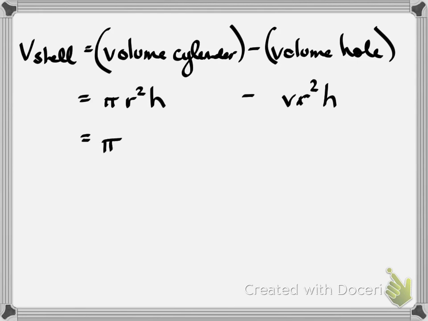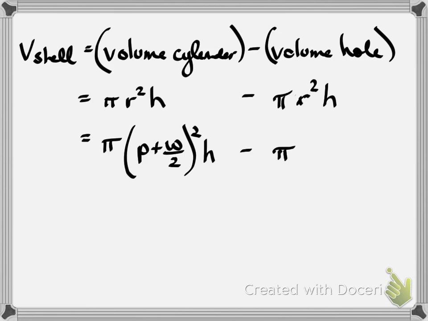So it's pi, the outer radius we wrote was P plus W over 2, squared, times h, minus pi, the inner radius P minus W over 2, squared, times h.